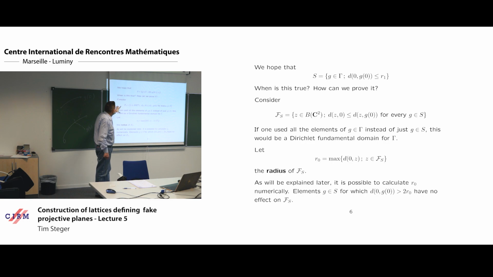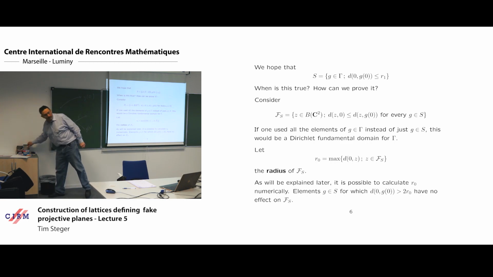So this is a subset of B of C2, which consists of things that are closer to the origin than to any translate of the origin by elements in S. So that's why I call it FS instead of just calling it F for fundamental domain. Now, R0 is this maximum. It's the radius of FS.